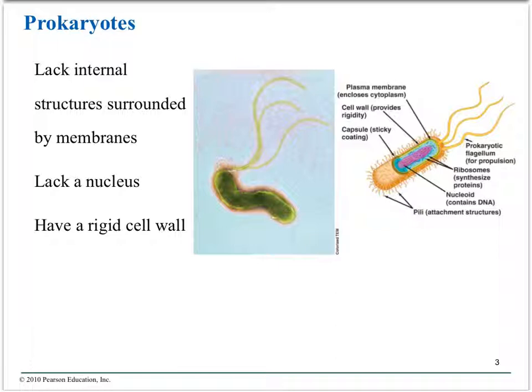They do not have a nucleus, but they do have DNA, and that DNA is in this region, which is called a nucleoid. They also have a rigid cell wall, which means that it's not flexible, bendable. Yeah, there's some bend, but it's not mushy like water.